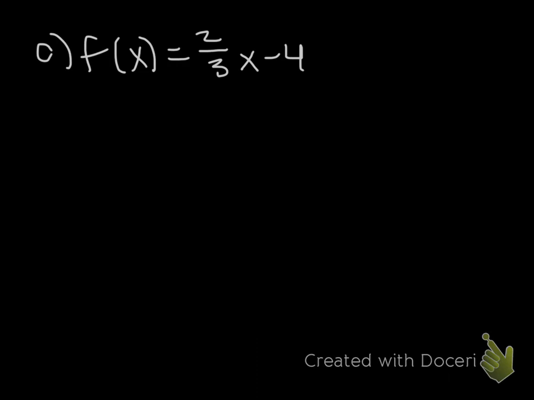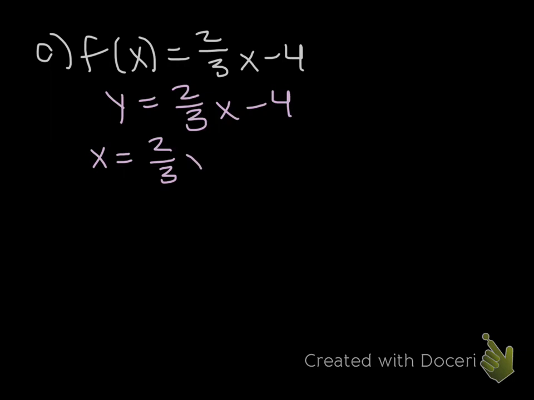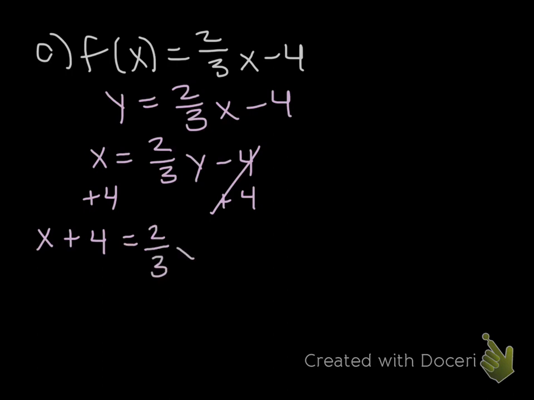Our last one, letter C, again, we'll start by writing y equals 2/3 x minus 4. I'm going to switch my x and y, so I have x equals 2/3 y minus 4. And now we start solving for y. My first step will be to add 4. So I have x plus 4 equals 2 over 3y. Just like that first one, I'm going to multiply both sides by the reciprocal, 3 over 2.